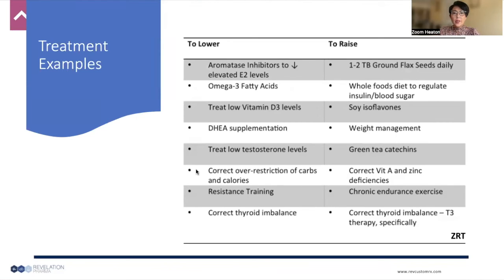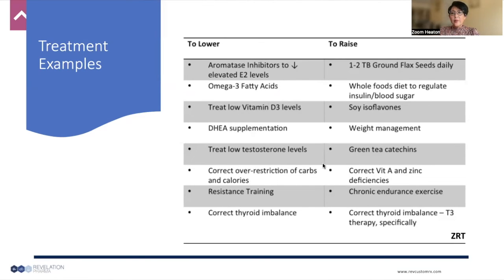And here are some treatment examples to either lower or raise SHBG levels. Some considerations would be supplementation of certain nutrients, for instance, to lower SHBG levels: omega-3 fatty acids, vitamin D3 levels have to be higher, DHEA supplementation can be good, resistance training, and correcting over-restriction of carbs and calories.